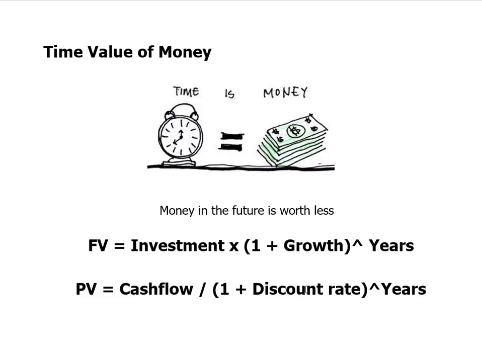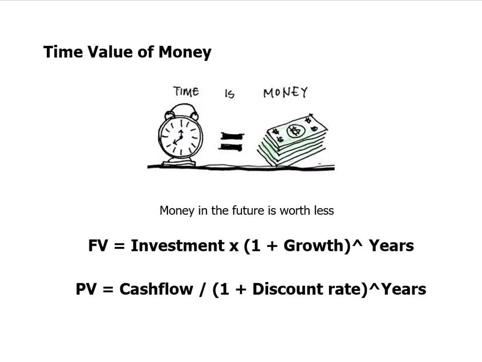So we might use inflation as a discount rate to see how our money loses value. But we might use a discount rate that maybe represents the riskiness of an investment or project from which we are getting these cash flows. We might use the cost of capital, and we'll talk more about that later. And again, it's to the power of years, and that's how we get the compound effect of this.